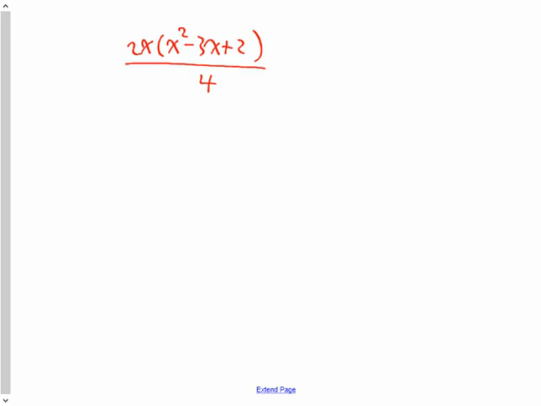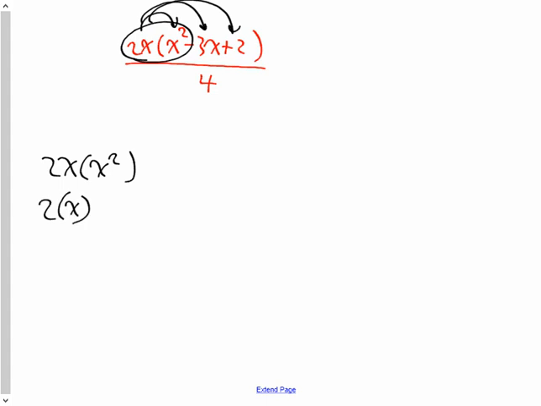Our next question is the multiplication and division. So we have the multiplication of the trinomial x squared minus 3x plus 2, and we're multiplying that trinomial by 2x. In order to do that, we just need distributive property. If we think about just this first part, 2x multiplied by x squared, it is 2 multiplied by x, that's what 2x is, multiplied by x, which is what x squared is.